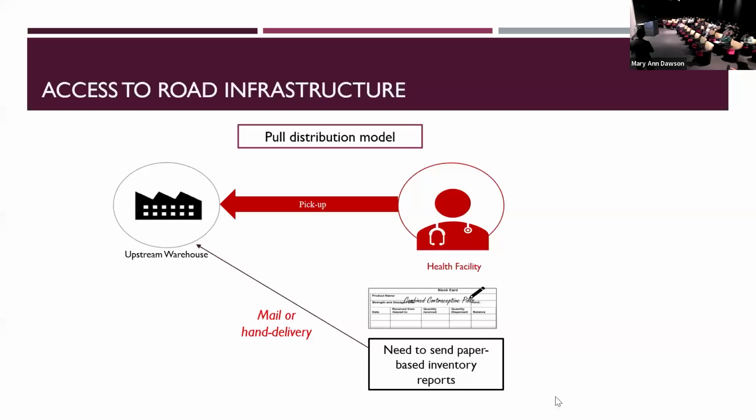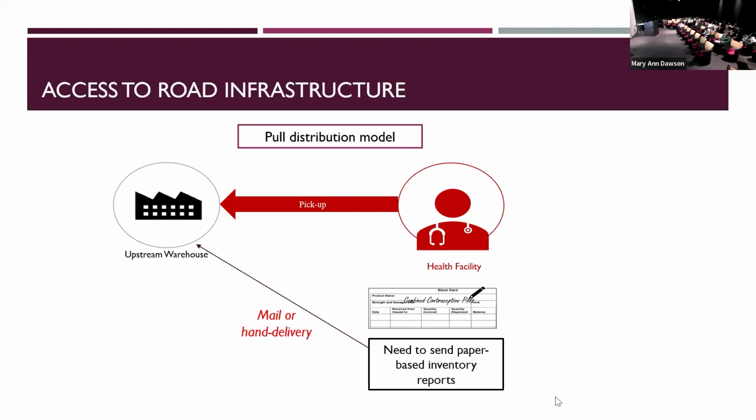Okay. The second aspect that we're going to look at is access to road infrastructure. Again, under the pull model, the health facilities actually have to go and pick up the ordered supplies. On top of that, they also need to send the paper-based inventory consumption reports to the upstream facilities.